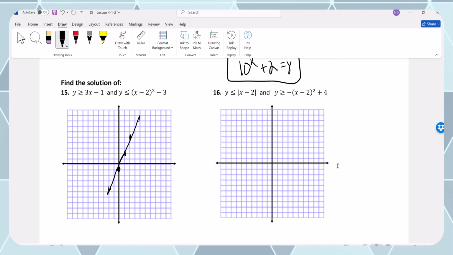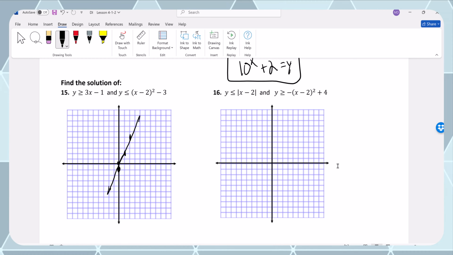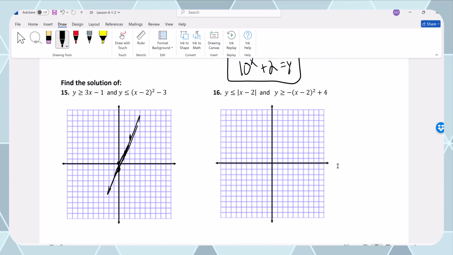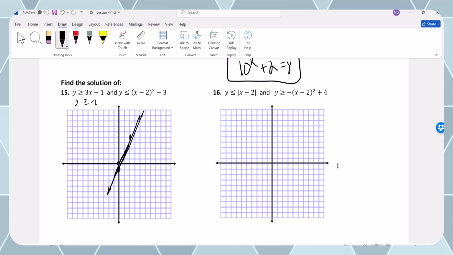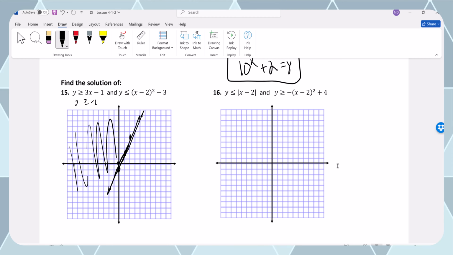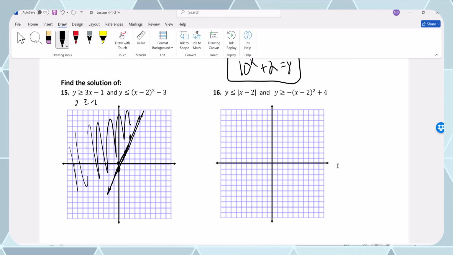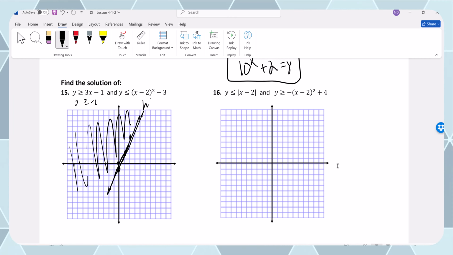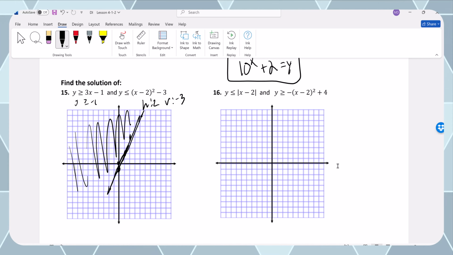Plug in a point. If I plugged in 0, 0, technically it should be a little bit below. If I plug in 0, 0, I get 0 is greater than or equal to negative 1. That's true, so this side gets shaded. And on the next one, my horizontal shift is 2, my vertical shift is negative 3. So over 2, down 3.